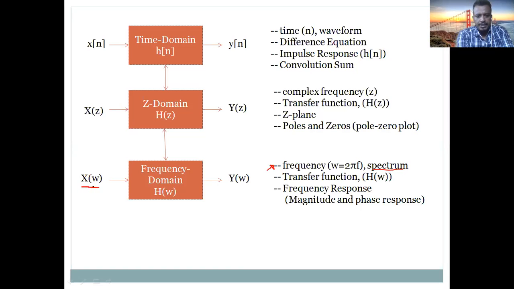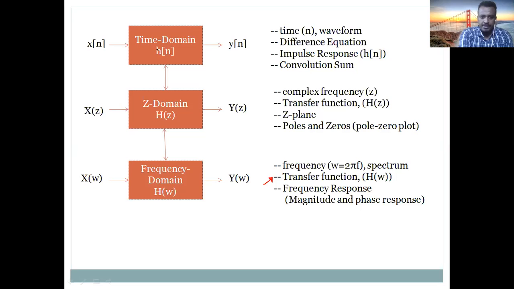As you can see here, x is a function of angular frequency, and output is also a function of angular frequency. In this case, the system is represented by a function called transfer function or system equation.